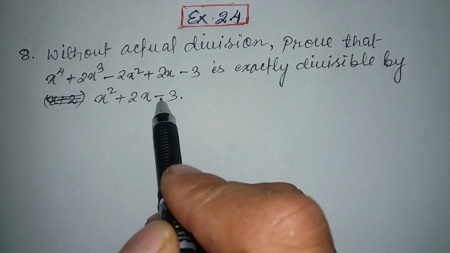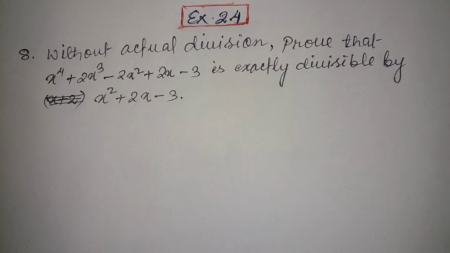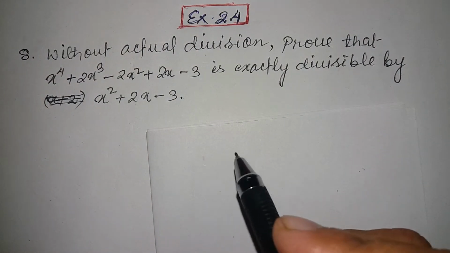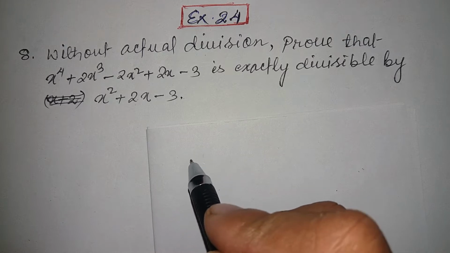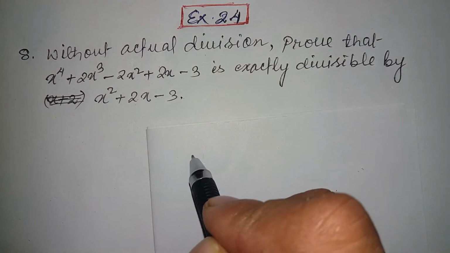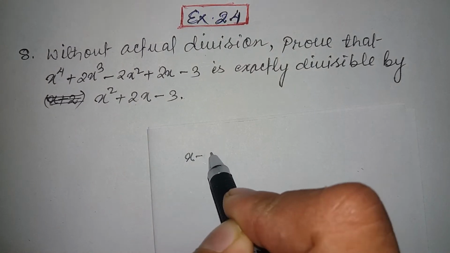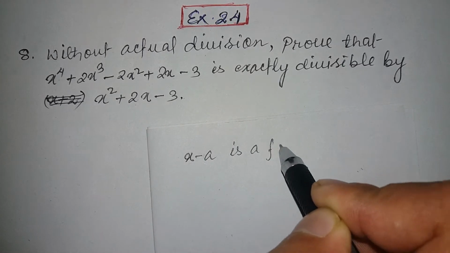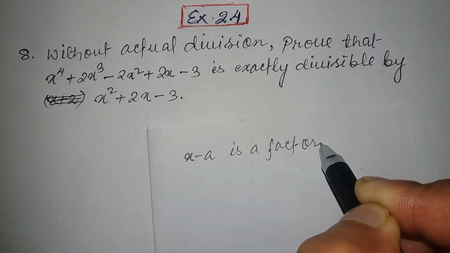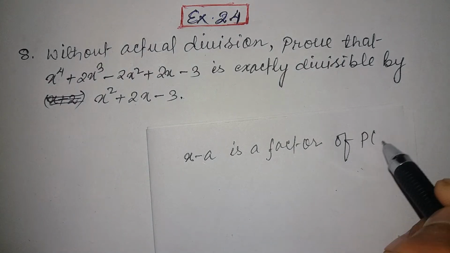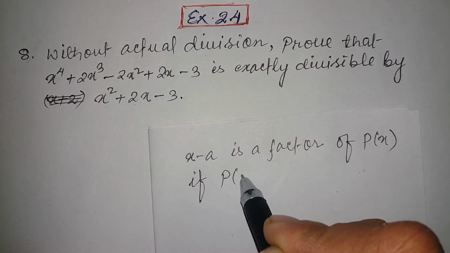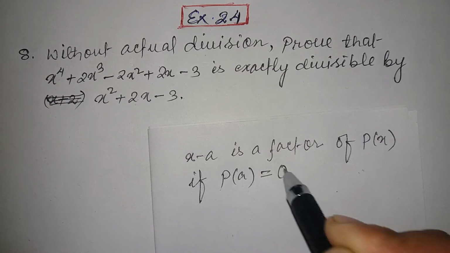Now before we prove this, you need to understand what the factor theorem is, because this is the theorem that we're going to use here. Factor theorem says x minus a is a factor of p(x) if p(a) is equal to 0.